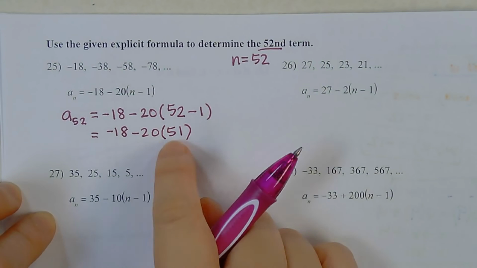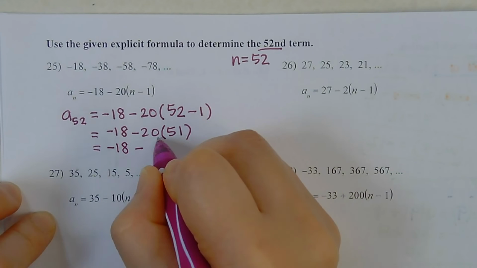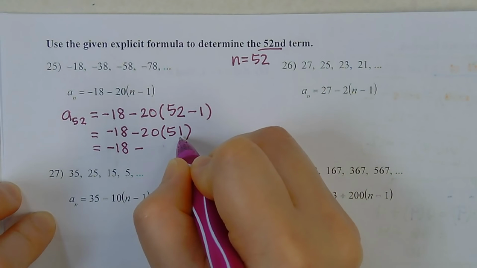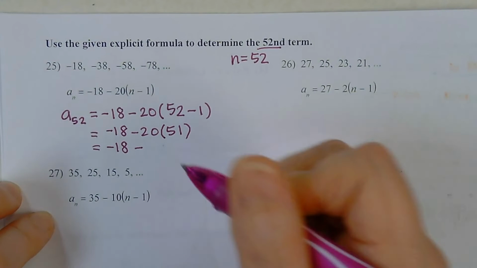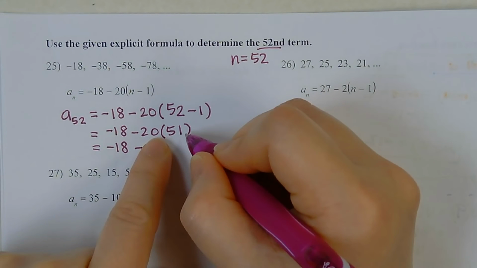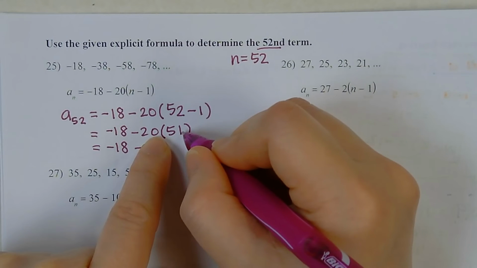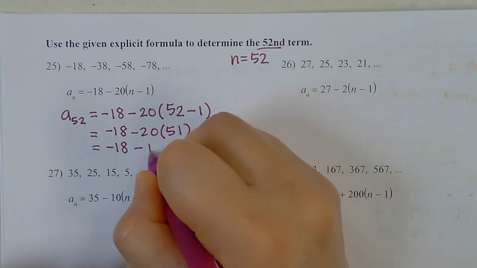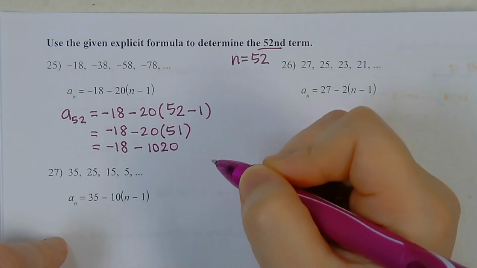Again, we're going to multiply. This -18 minus 20 times 51 is going to be more than 100. That'd be 10 and 2, 102, and then a 0 at the end. I was trying to do that in my head.